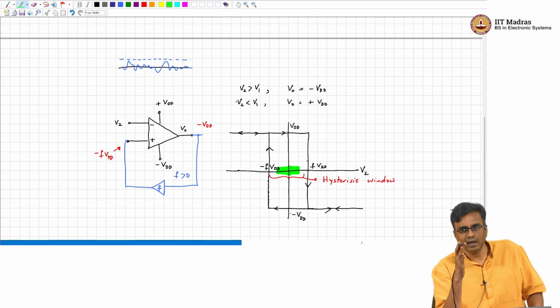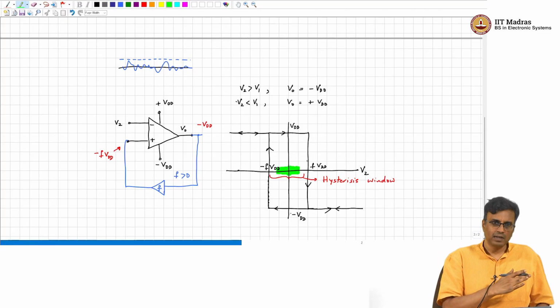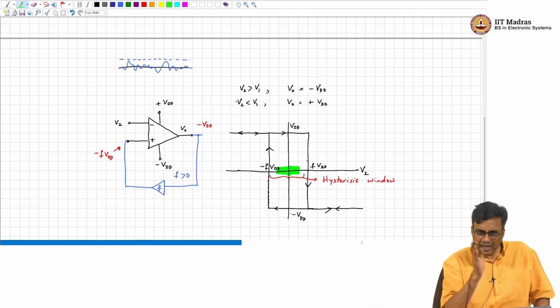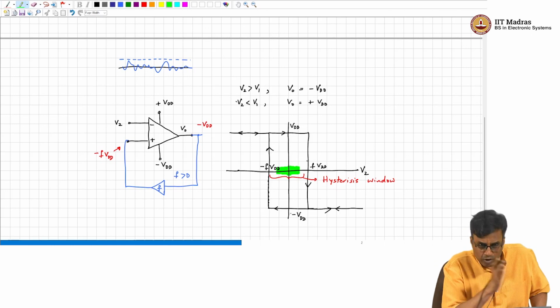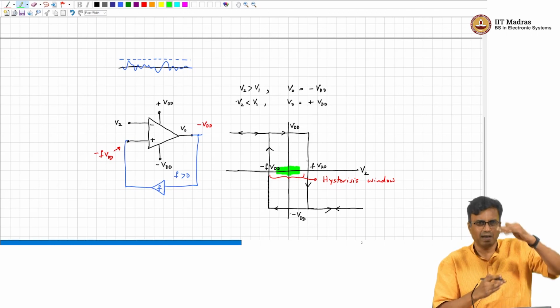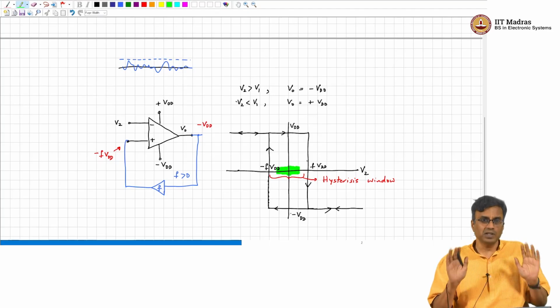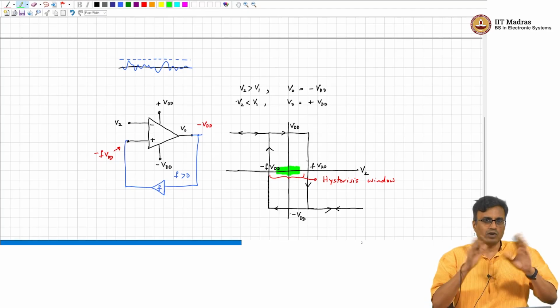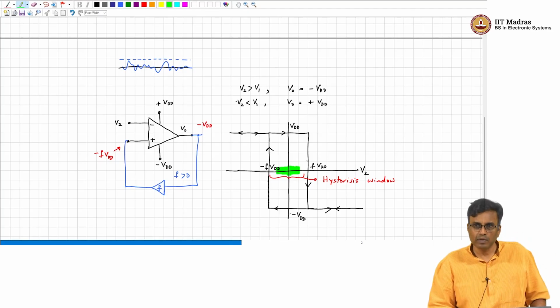Now, what are we saying? If it has to go negative, the input should not merely cross 0, it should go a little lower, so that we are sure that it is actually negative and not some artifact of noise.